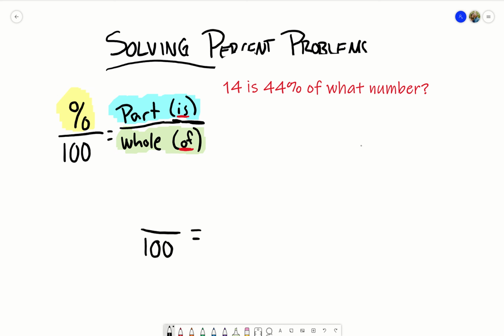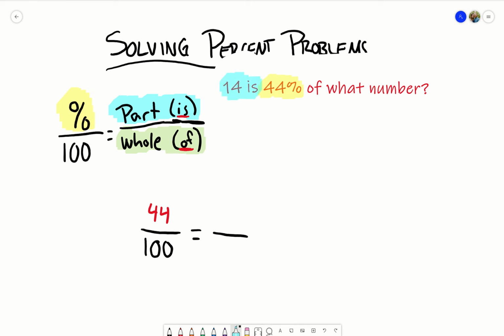Something out of 100 equals something out of something. And then we look for the numbers we're looking for. Is there a percent here? Well, yes, there is. There's a 44%. 44% becomes our 44.